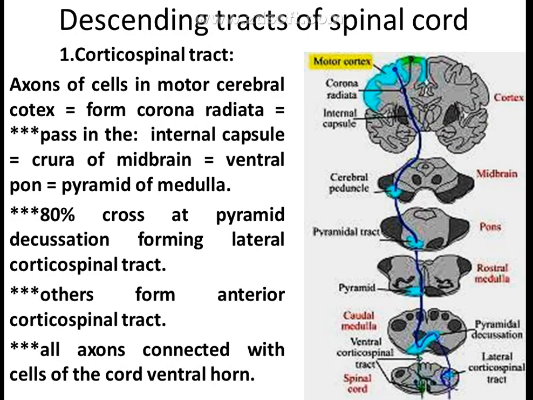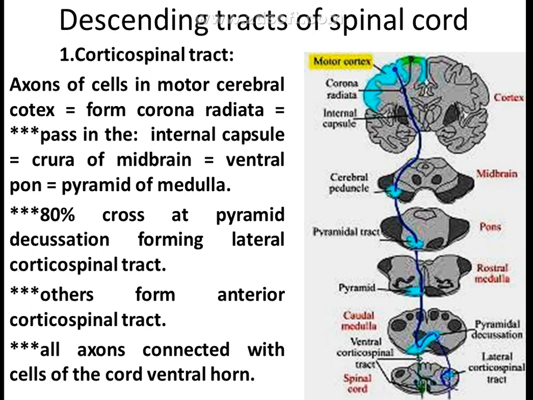I think this information, in consideration of the gross anatomy of the spinal cord, is very important, and this is sufficient knowledge about the spinal cord, and we will stop here.